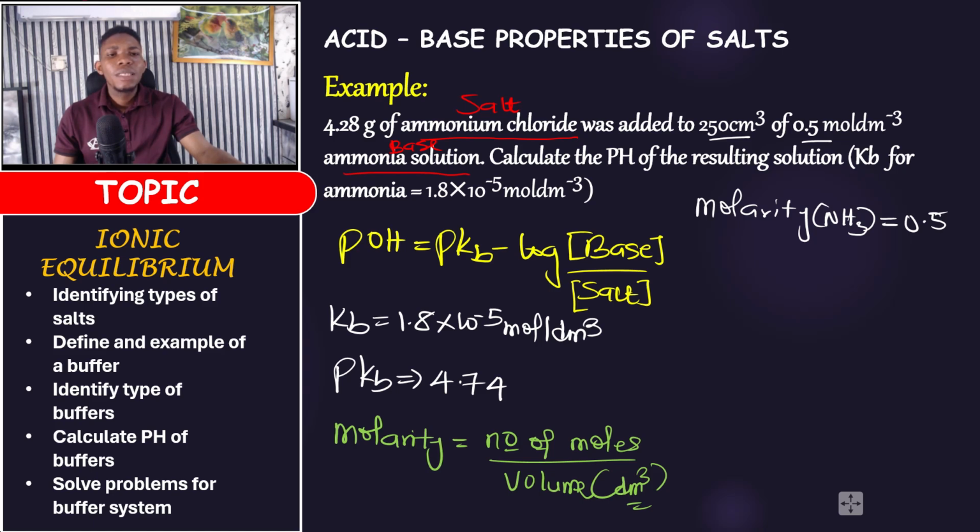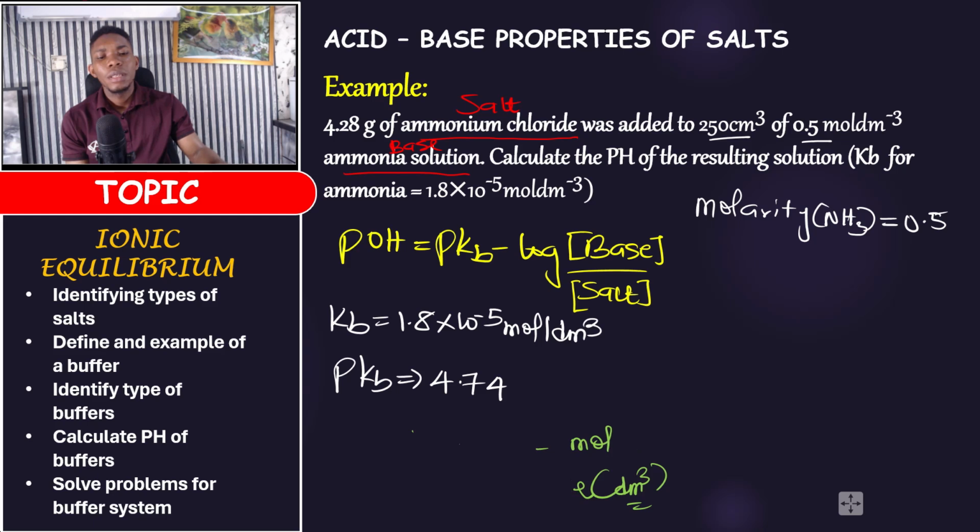If they already gave 0.5 mole per dm cube, it means we don't need to calculate, because that is the concentration of the ammonia. Are you getting it now? So we don't need to go through that. The concentration of ammonia was already given.